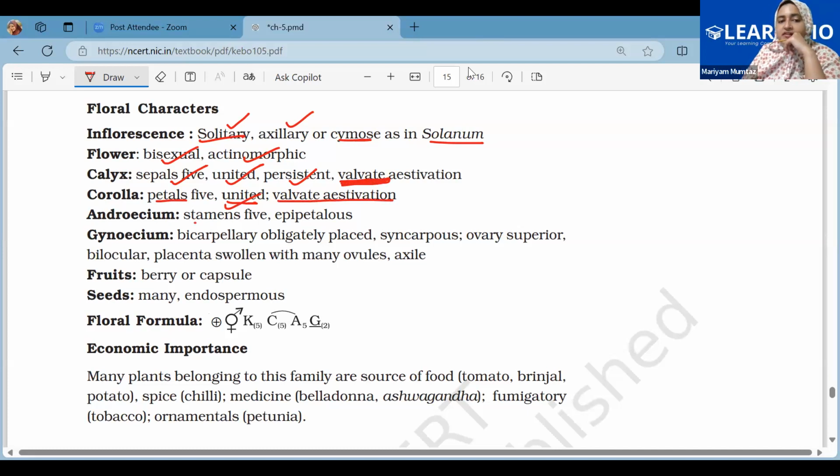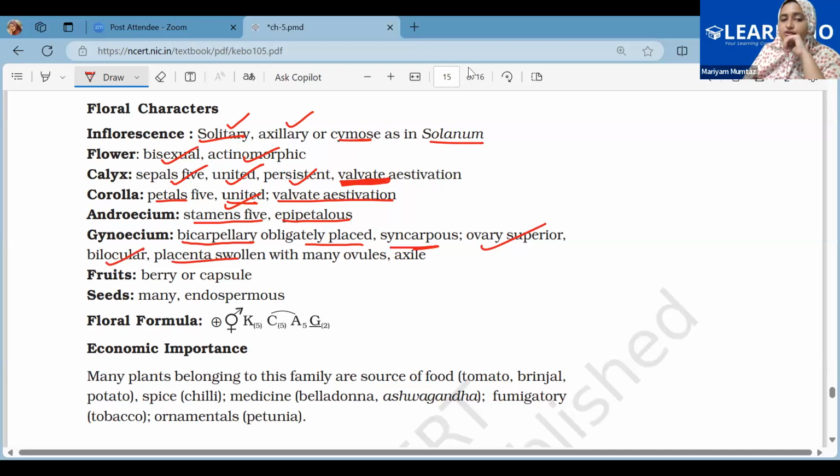The stamens are 5 in number, and they are epipetalous, meaning they are present on top of petals. Gynoecium is bicarpellary, 2 carpels are there, and they are obliquely placed. Syncarpous, the 2 carpels that are there are fused. Ovary is superior. Bilocular means 2 locules are there.